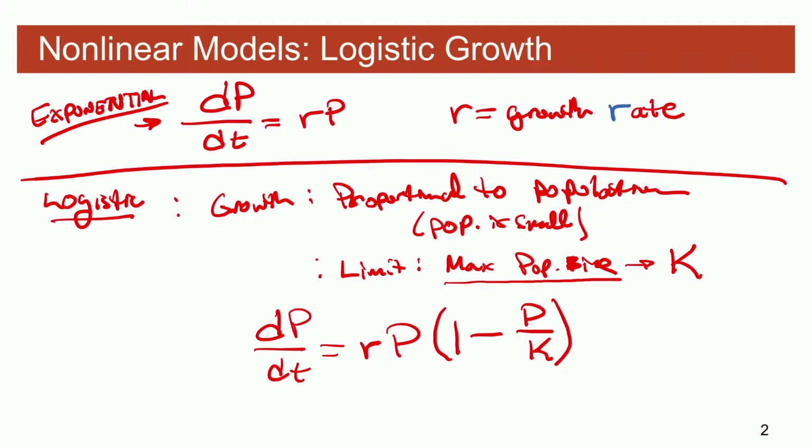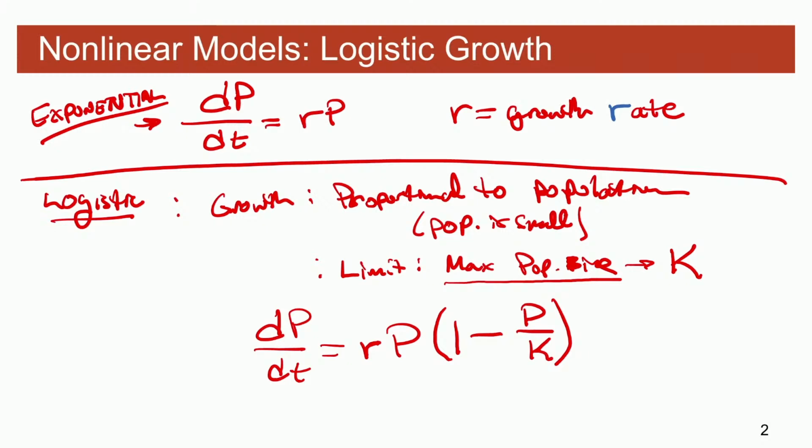So if you're pretty far away from the maximum, you just keep growing. Let's grow, grow, grow. The closer you get to the maximum, the bigger this becomes, which tends to make the whole term smaller.